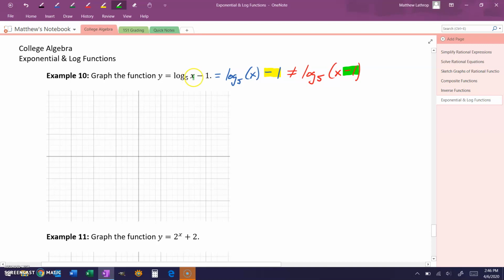If we don't see parentheses around whatever follows after that log statement, then we want to assume that just that piece is what's being contained within that log function. So that minus 1 is a separate piece, telling us that in this case what's happening is we have a shift down of 1 unit, meaning our horizontal asymptote isn't moving.